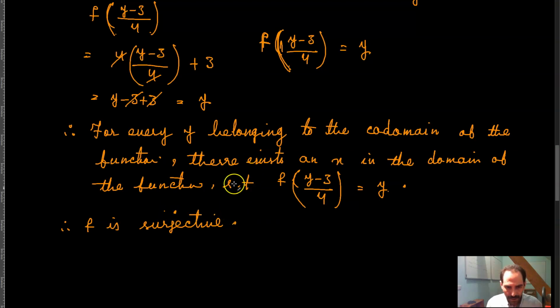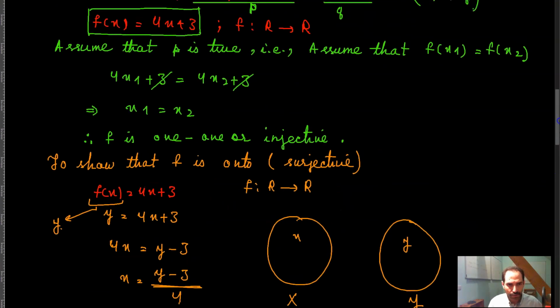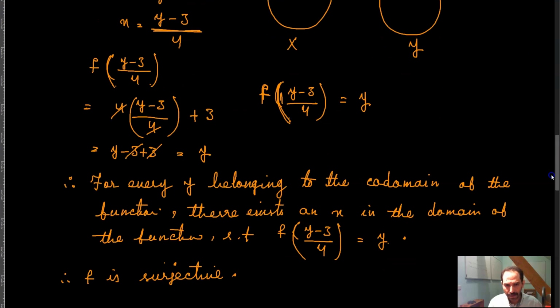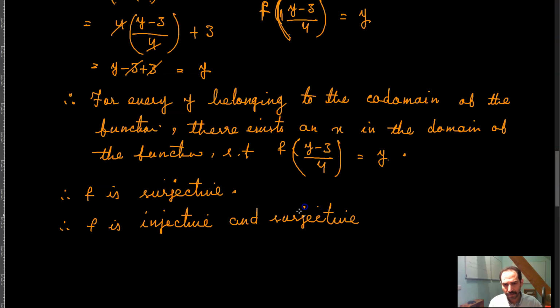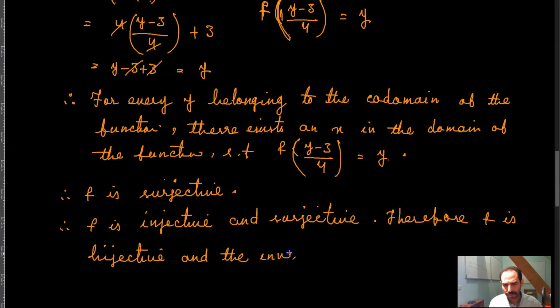Right? So now that we have made sure that we showed here that f was injective, and over here we have showed that f is surjective, we can say that therefore f is injective and surjective, therefore f is bijective, and the inverse of f exists.